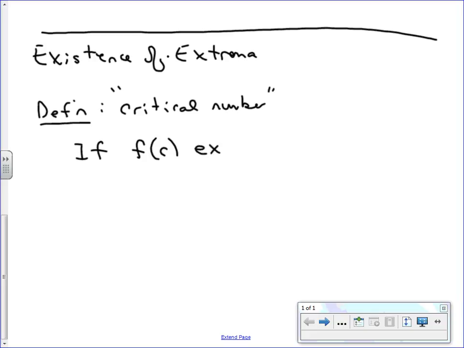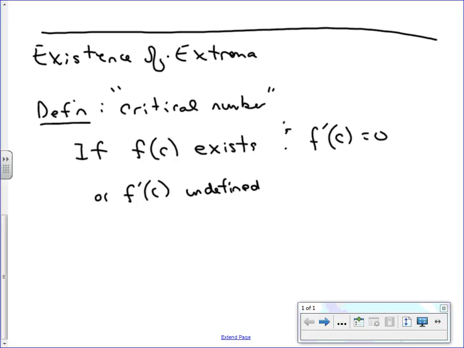First of all, the function has to exist at C. It has to exist. And the derivative at C has to either be 0 or undefined. You have to have a point there, not an asymptote, all right?